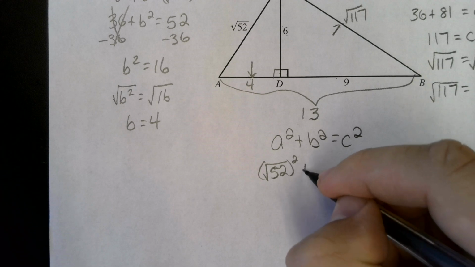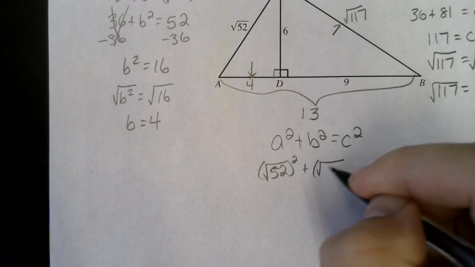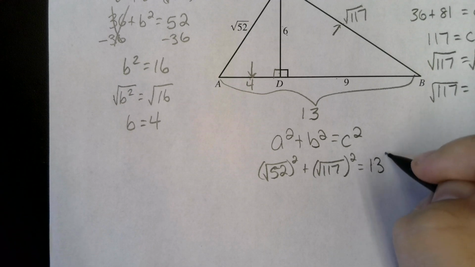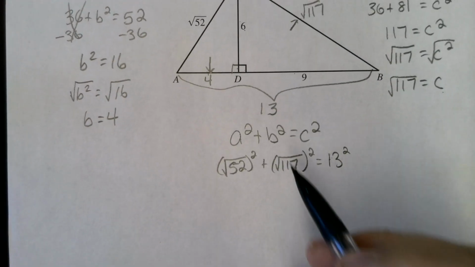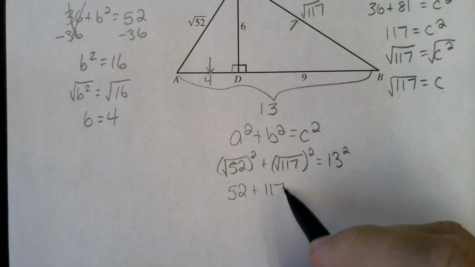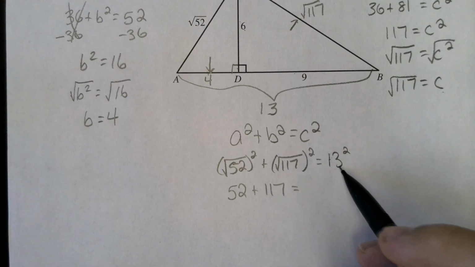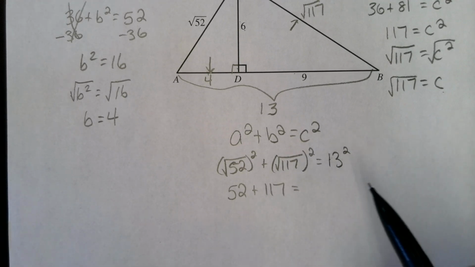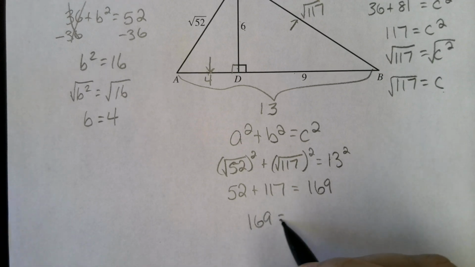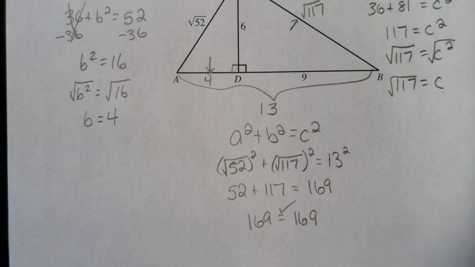So the square root of 52 squared plus the square root of 117 squared is equal to 13 squared. Well, these parts are easy because squares and square roots cancel each other out. And we should know that 13 squared is 169. So when I add them together, I get a true statement.